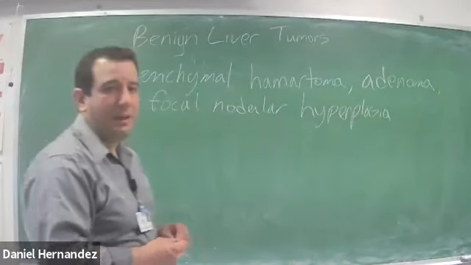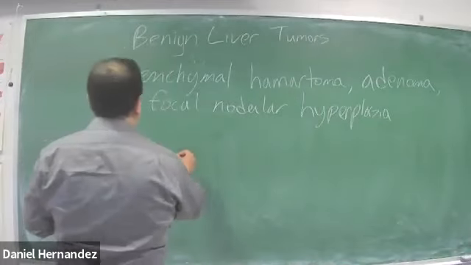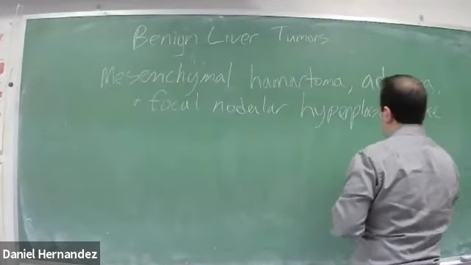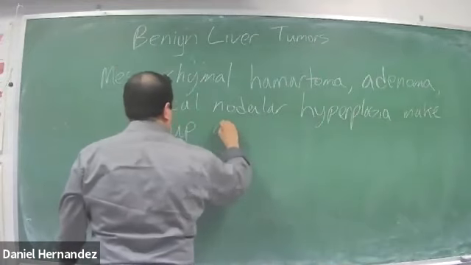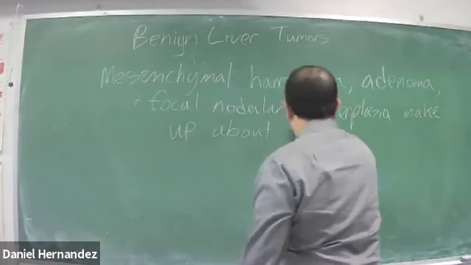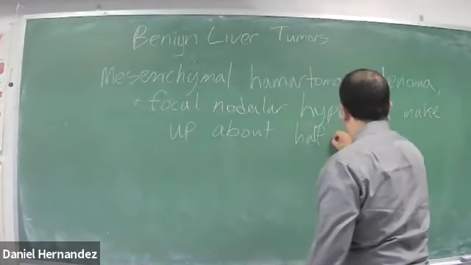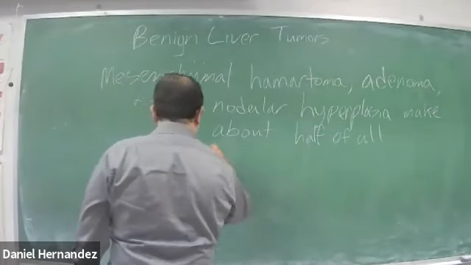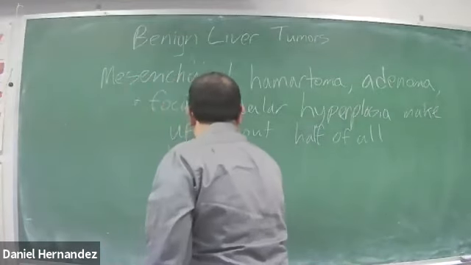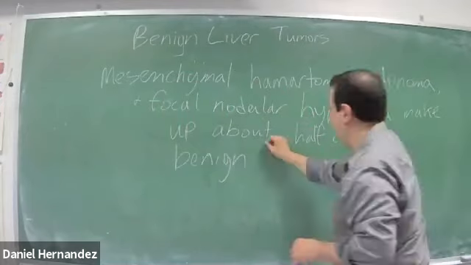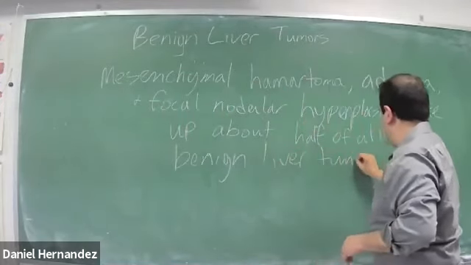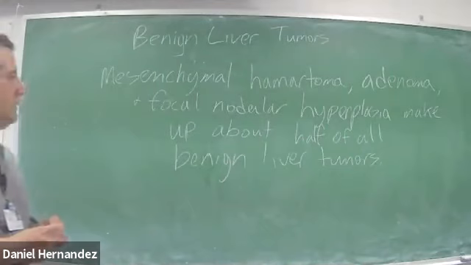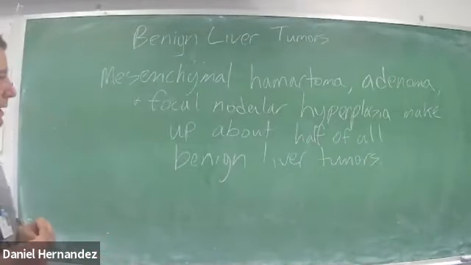These three make up roughly half of all benign liver tumors: mesenchymal hamartoma, adenomas, and focal nodular hyperplasia.